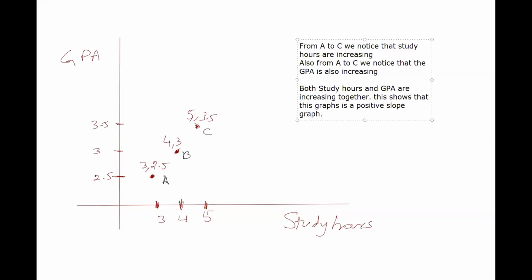If we draw a straight line through these dots, we can see that it's a positive slope line. How can we notice that it's a positive slope line? Both of the variables are increasing together.